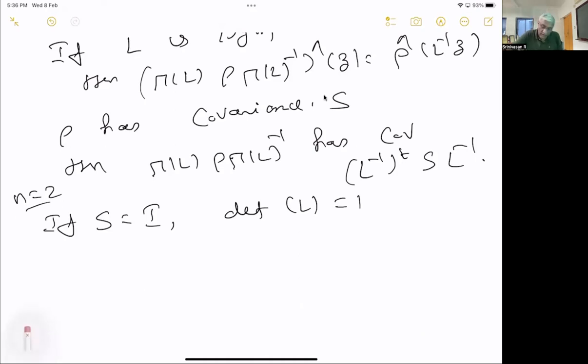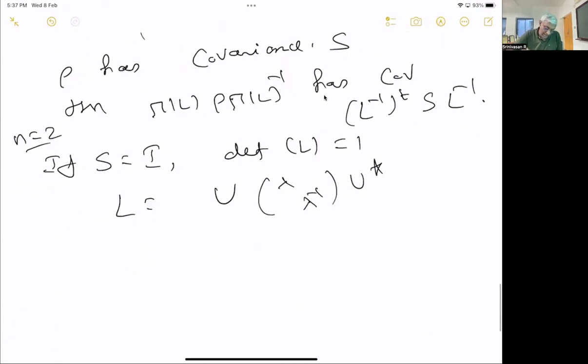So L will look like some unitary times lambda, lambda inverse, times U star, because that will be the identity. Any matrix with determinant of L equal to 1 is automatically symplectic. This lambda, lambda inverse is symplectic, of course, and unitaries are symplectic. So L is symplectic.